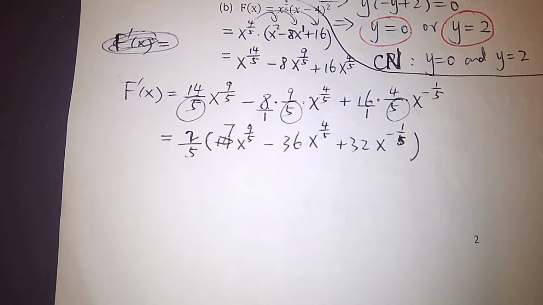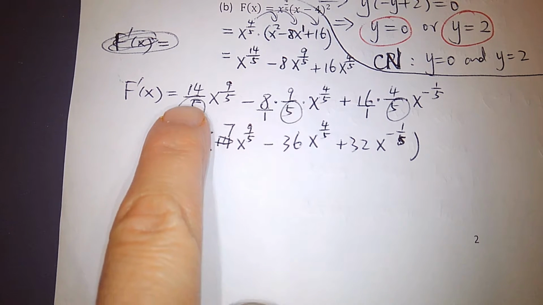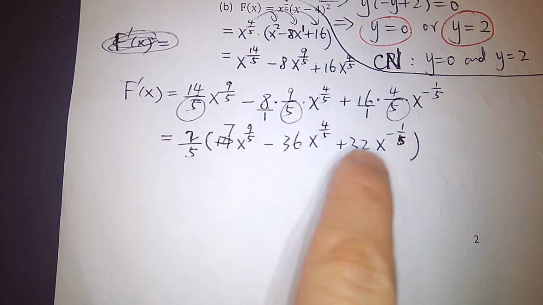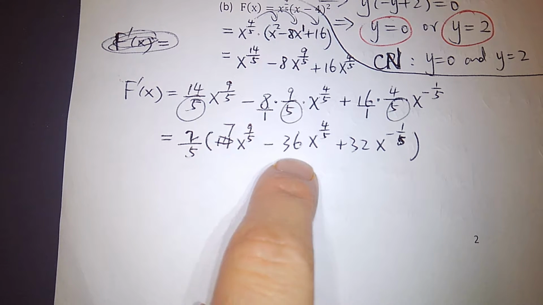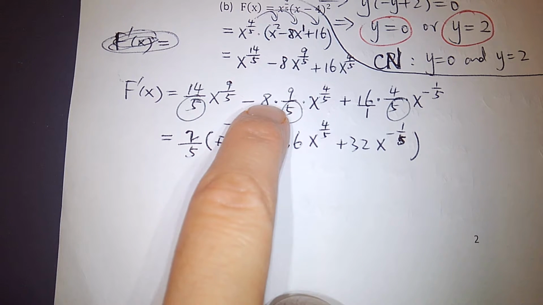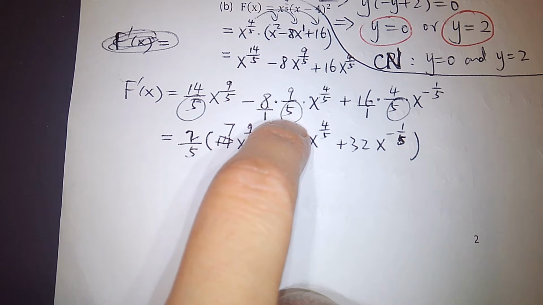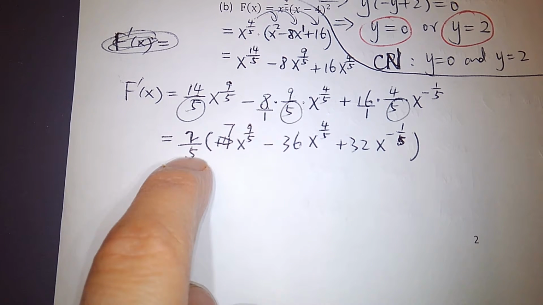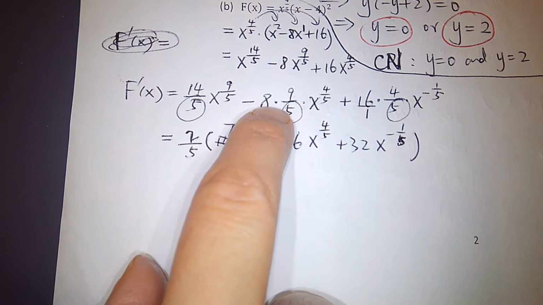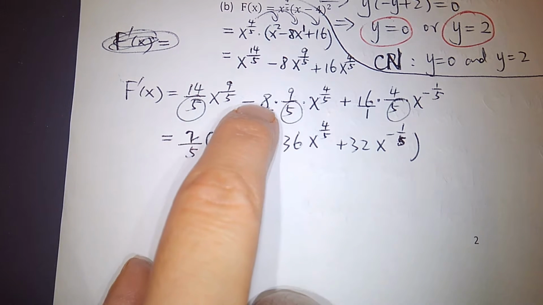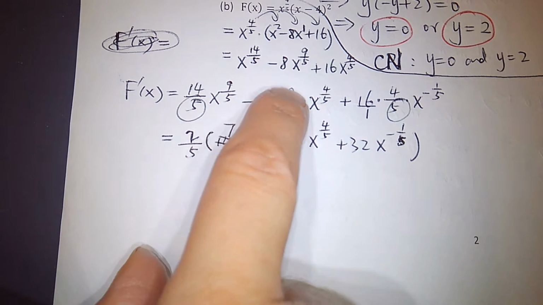Is that good, everyone? What is this about 4 divided by 2? Because this is 8 times 9 over 5, right? This 5 is here, and then I pull the 2 out. So that's why it should be 4 times 9.